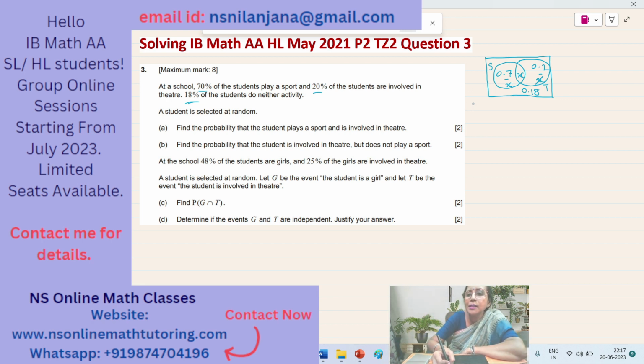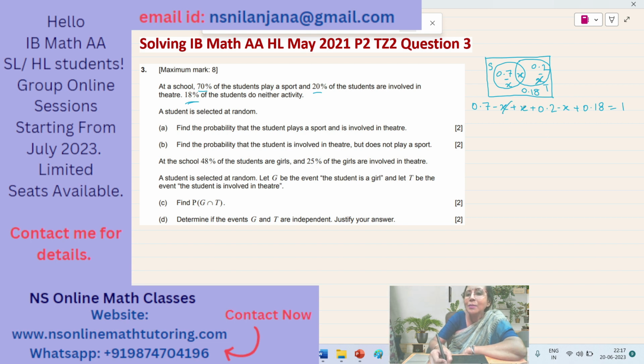So it is 0.7 minus X plus X plus 0.2 minus X plus 0.18. This should be equal to 1.